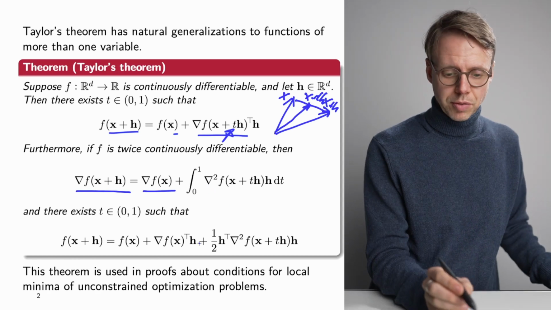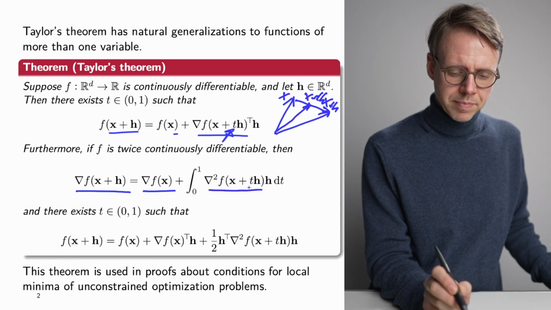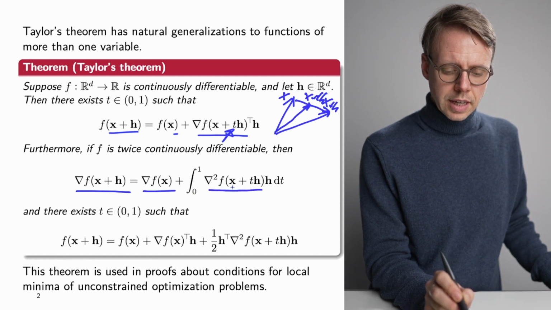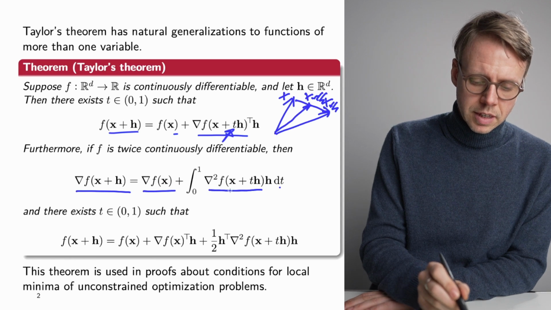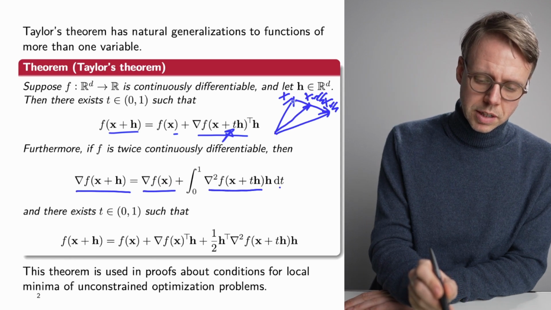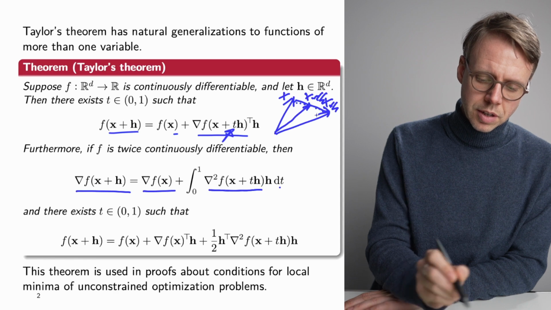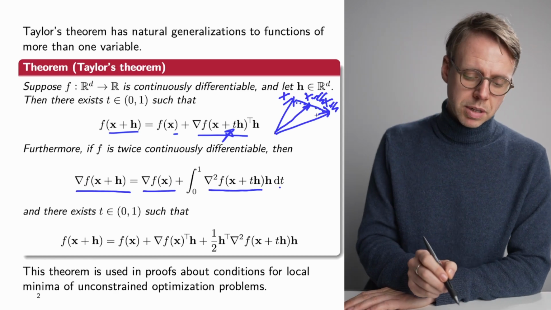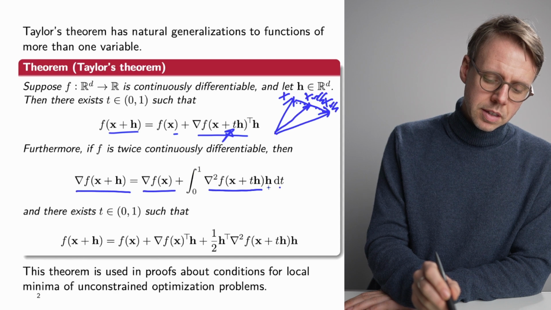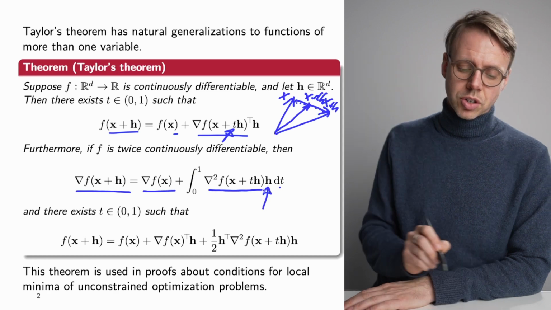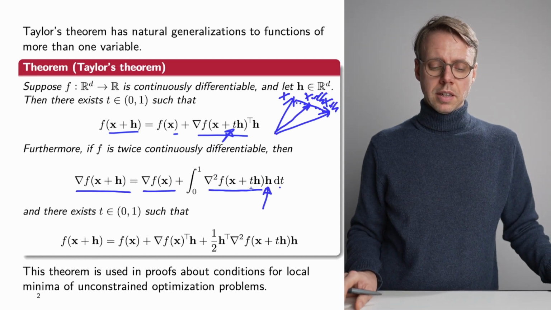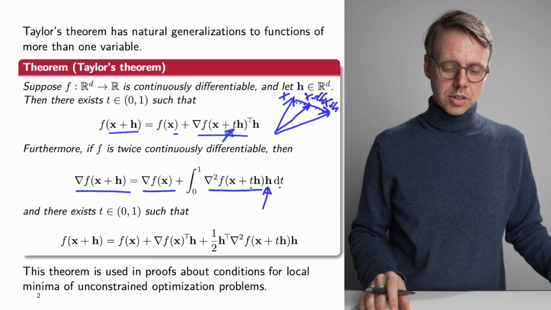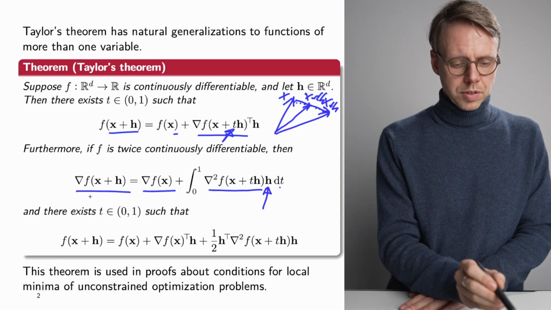So it's the matrix of all the second partial derivatives of f at x plus t, that's the scalar that we're integrating over, times h. So that means we're integrating basically over all the points that lie between x and x plus h, times the vector h. So the result of this matrix vector multiply yields again a vector.